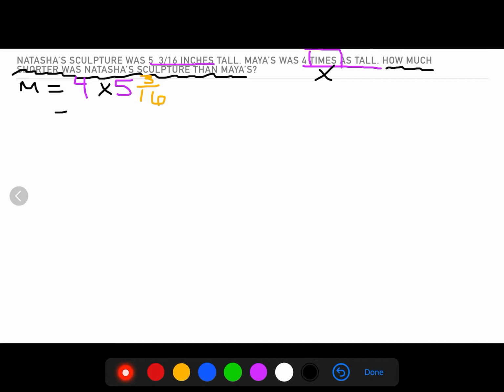This will give me the total height of Maya's sculpture. This time, let's use the distributive property, mainly because I already decomposed my mixed number into a whole number and a fraction by basically just writing them in different colors. So that means I'm going to be multiplying 4 times 5 and then 4 times 3/16. I'm going to be distributing that 4 wholes to both my 5 and 3/16.